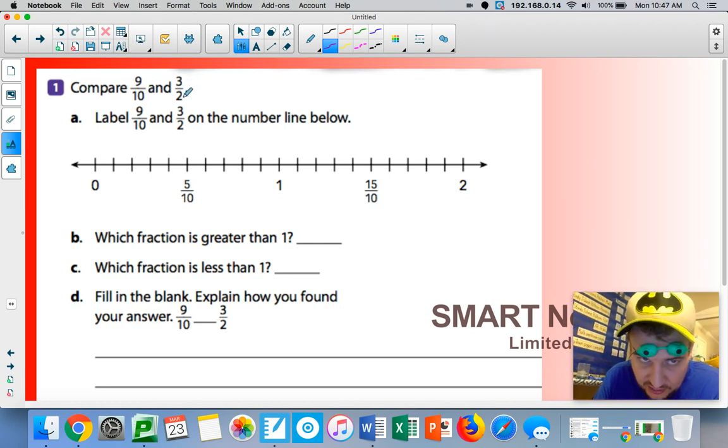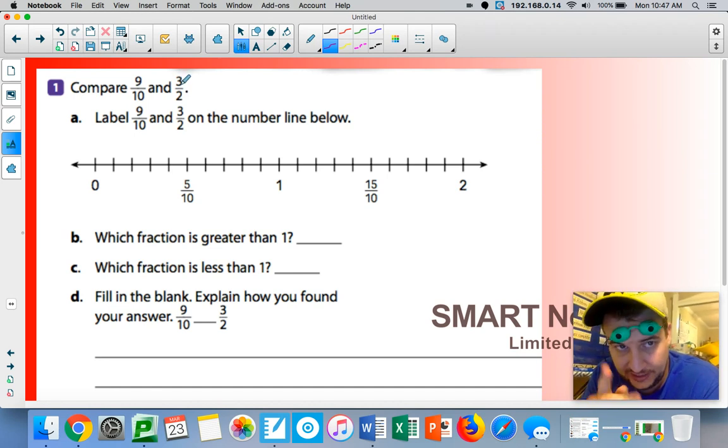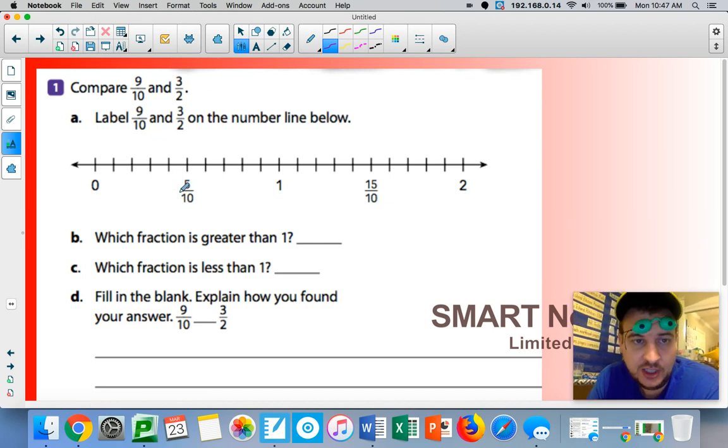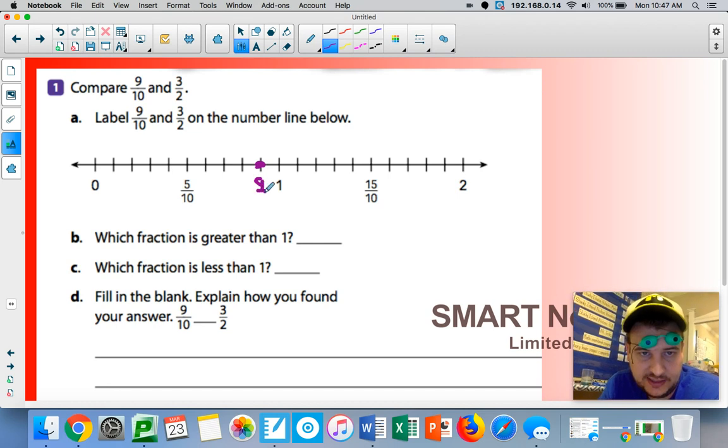This is saying there are 2 slices and I have 3, which means I have a whole and 1 extra piece. So here's 5/10, 6, 7, 8, 9. Here's 9/10 right here. See how it's less than a whole? 9/10.